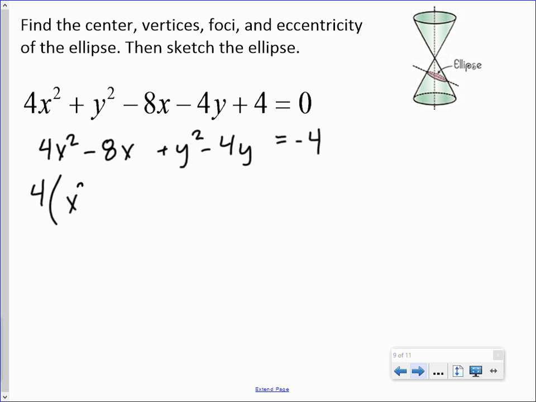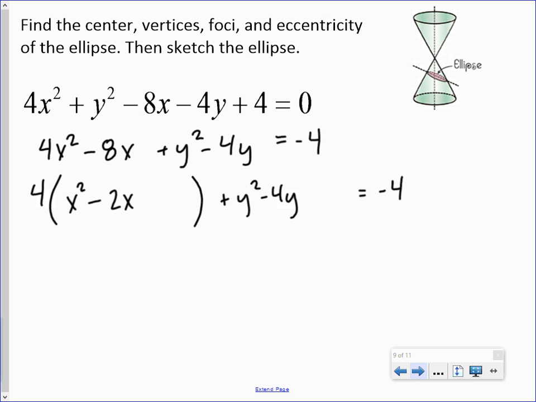So we have x squared minus, and if we factor out 4 from the x squared, we have to factor out 4 from our x term, which is going to leave us with minus 2x. I'm going to leave some space to complete the square and then close my parentheses. I will complete the square in that group of parentheses where I have factored out 4. For y, I really don't have that issue. So I can just write plus y squared minus 4y. I am going to have to complete the square right there. I'm going to leave a little blank, and then it equals negative 4.